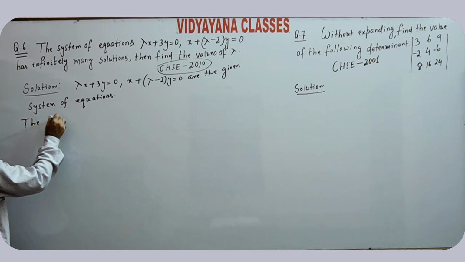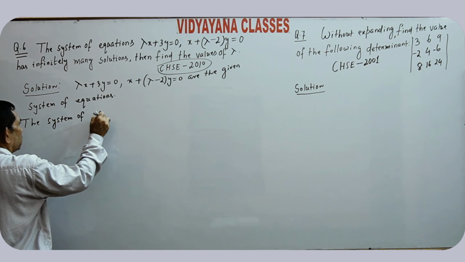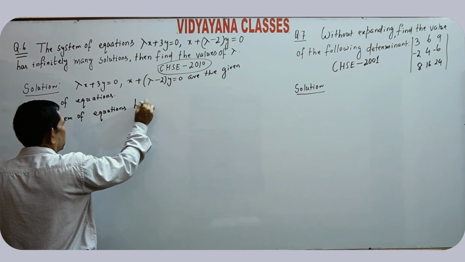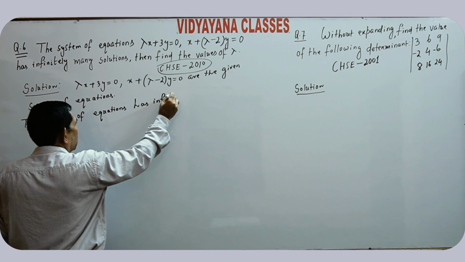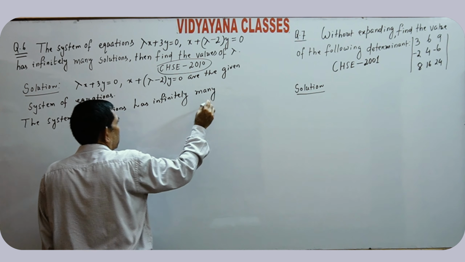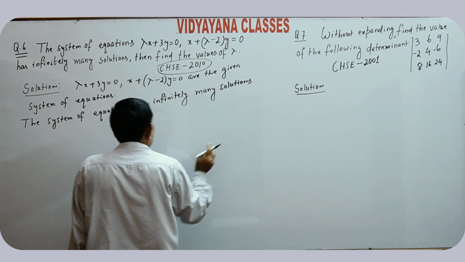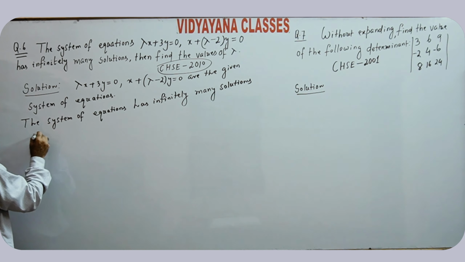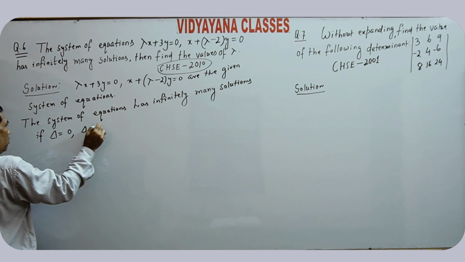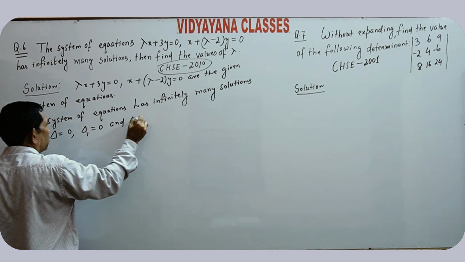The system of equations has infinitely many solutions if del is equal to 0, del 1 is equal to 0 and del 2 is equal to 0.